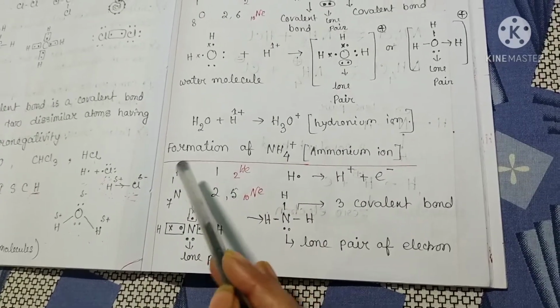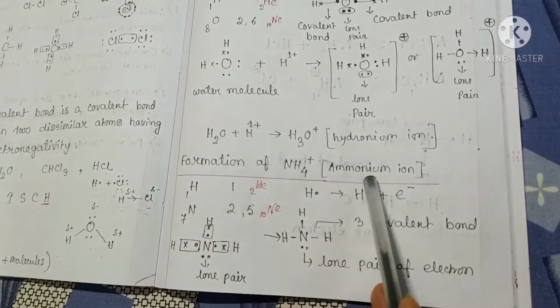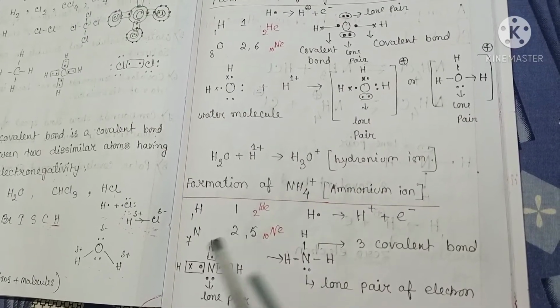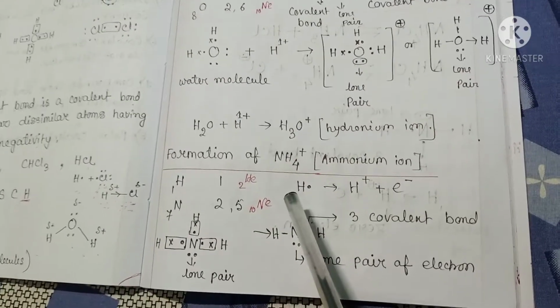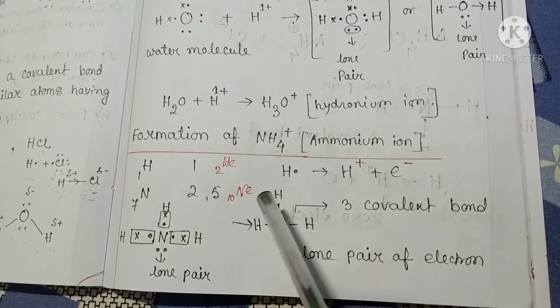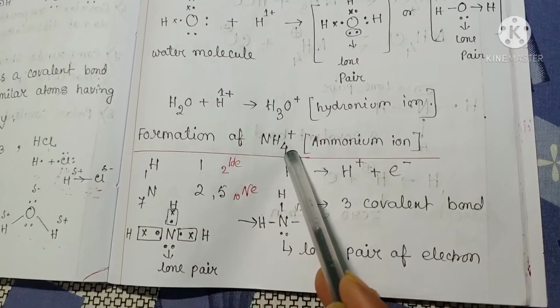Now, another example: formation of the ammonium ion, NH4 plus. Ammonia when dissolved in water leads to the formation of the ammonium ion.